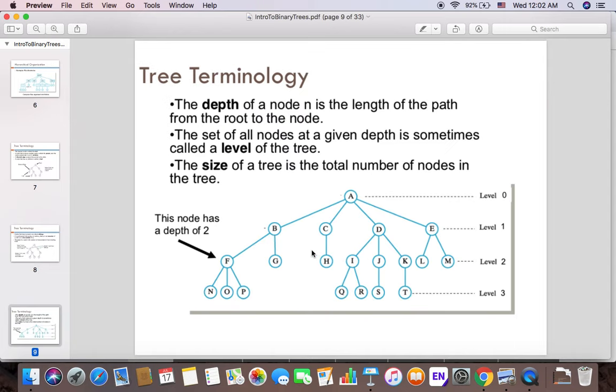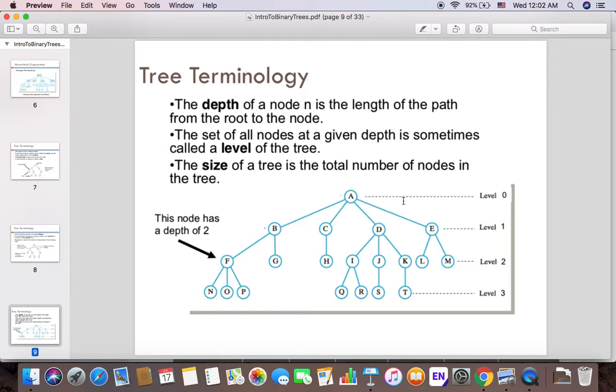Other terminology that we often use in data structure programming are depth, level and size. The levels that we can see here, we have 4 levels, but specifically, it is very important that in programming we start from 0, and here is how we represent it.